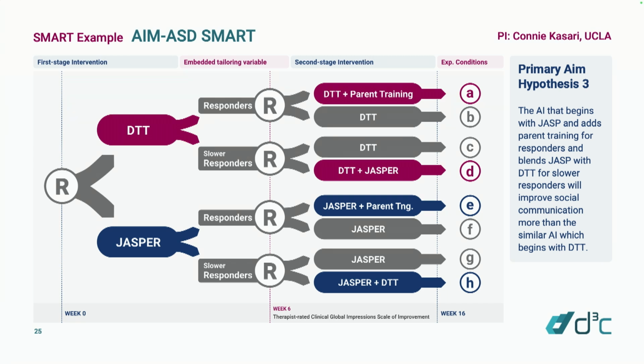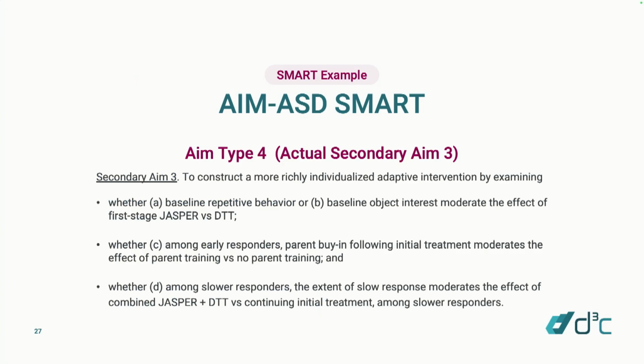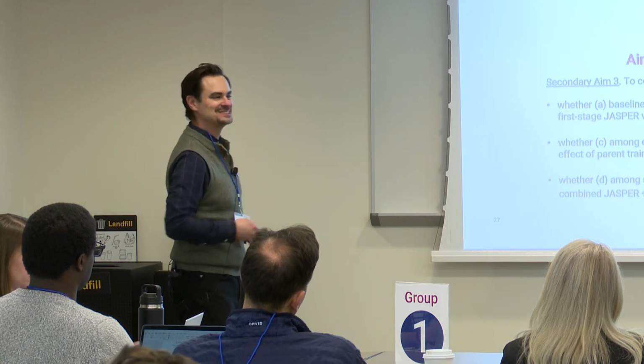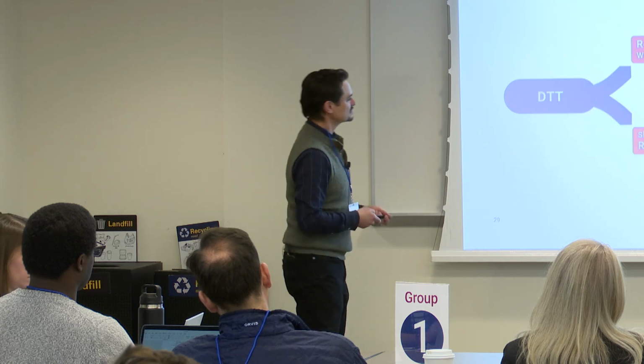There's going to be slow responders that were right on the edge of being a responder, and then there's going to be slow responders that are really struggling. Right? Well, and we wanted to dig in there and say, okay, if you were a really poor slow responder, maybe those are the kids that need the blended treatment. Does everybody see? Is everyone starting to see how the logic model for SMARTs and how we go about asking questions? It's kind of beautiful.